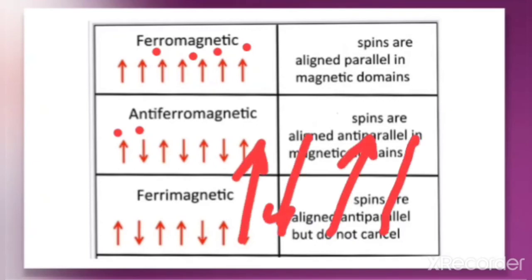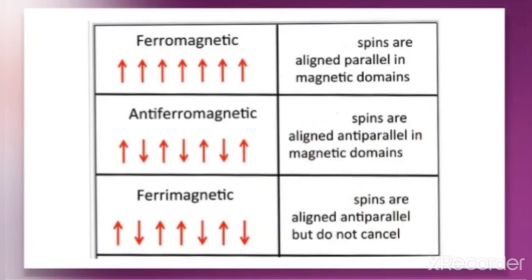In ferrimagnetic substances, these are also aligned anti-parallel, but they do not cancel each other because they are in unequal numbers. You can see that both are in opposite directions, but in unequal numbers. For this reason they do not cancel each other.